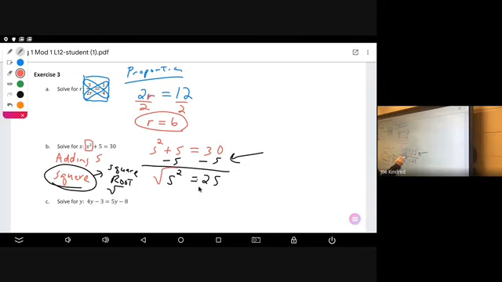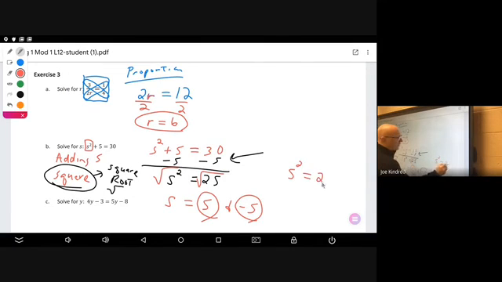I'm going to take the square root of both sides. And that gives me s is equal to 5. And remember, square roots produce two answers, 5 and a negative 5. You don't believe me? 5 squared is equal to 25, and negative 5 squared is equal to 25. That's one that we will see quite a bit.